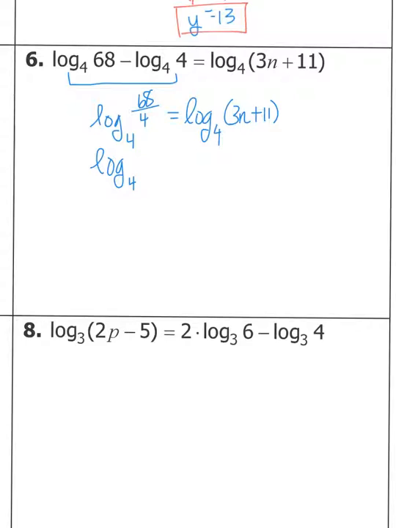Then simplify. 68 divided by 4 is 17. And now that I have a log equals a log, I can set the arguments equal to each other. And from here, the algebraic solution is pretty simple.